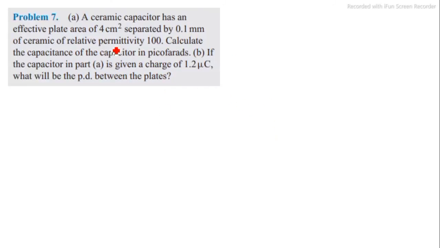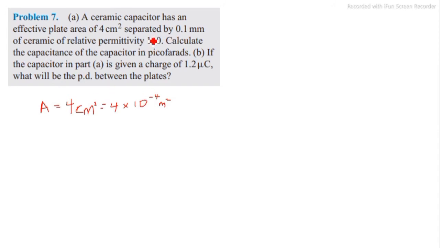Now you have a ceramic capacitor with an effective plate area of 4 centimeters squared. That means the area is 4 centimeters squared. You convert that to meters squared. That will be 4 times 10 to the power minus 4 meters squared. Separated by 0.1 millimeter of ceramic.